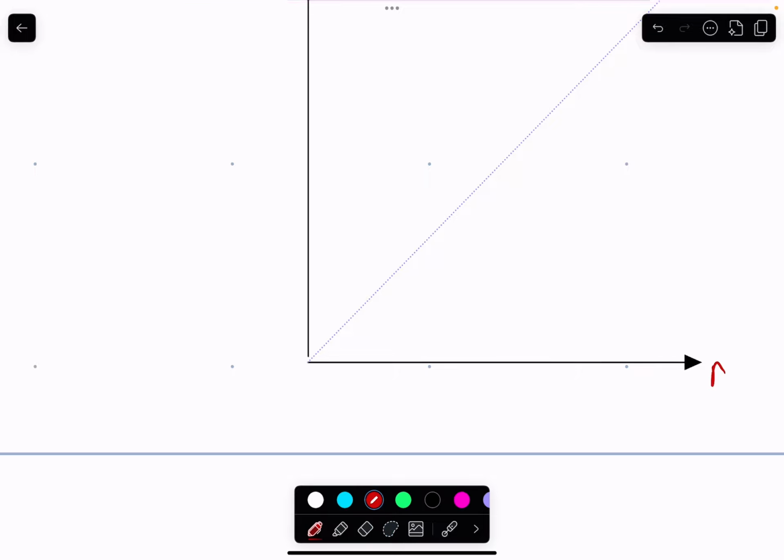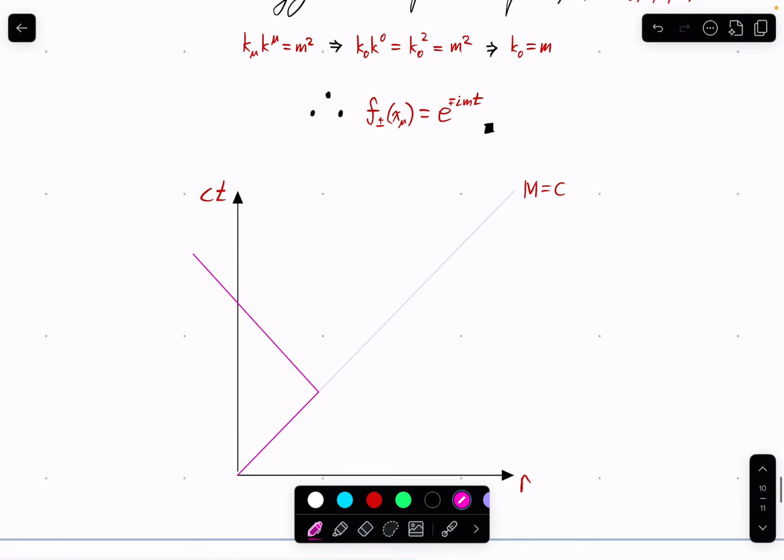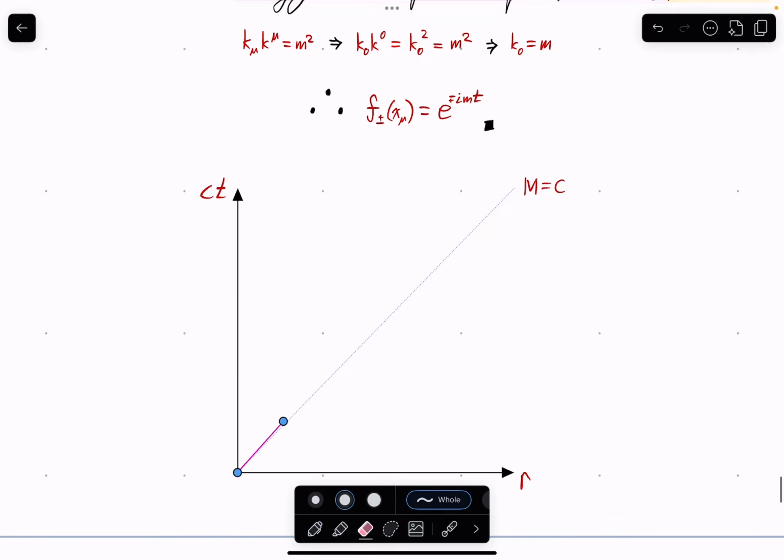The most accurate thing would be if we go from here to about twice that distance. This more clearly shows that in its rest frame, it's oscillating back and forth, but the average position is actually straight like this.